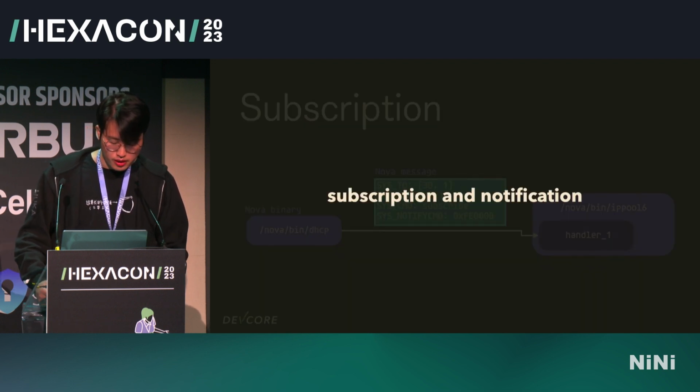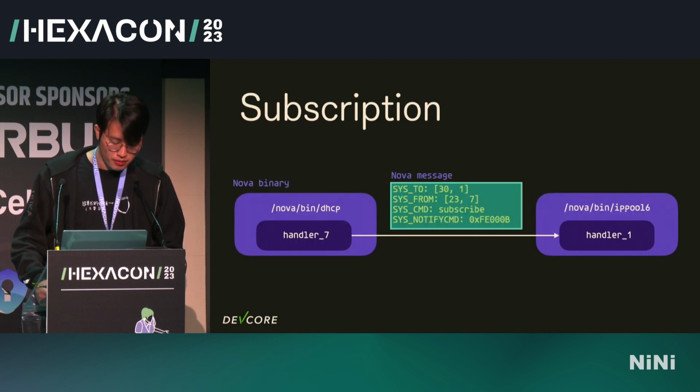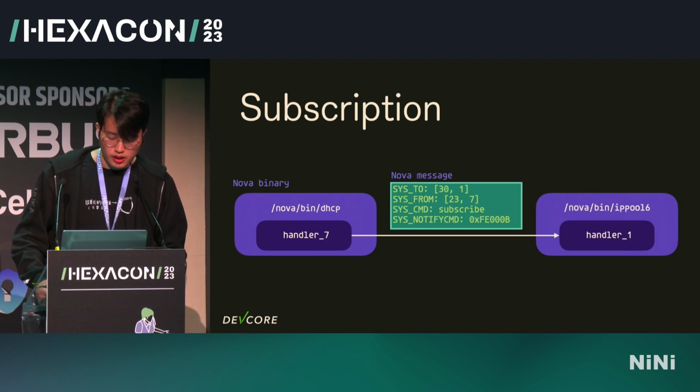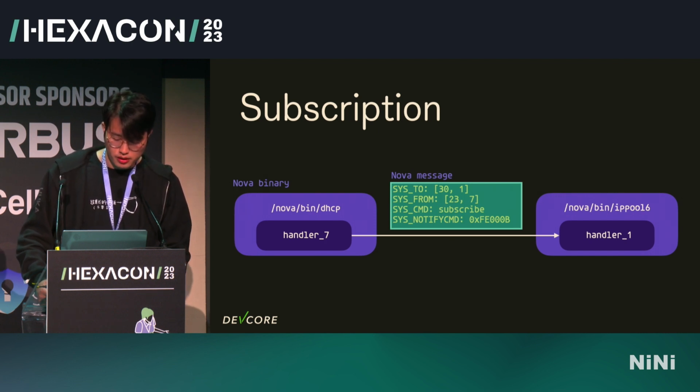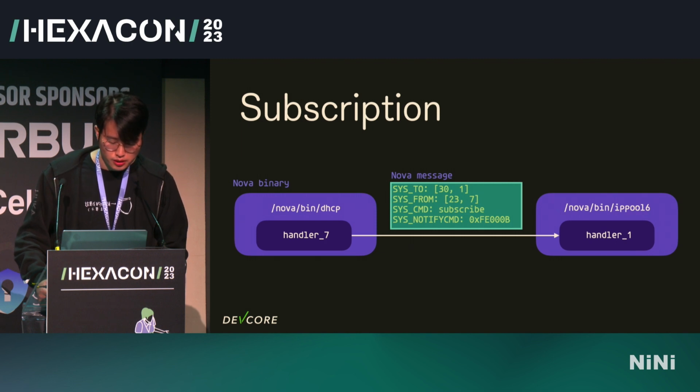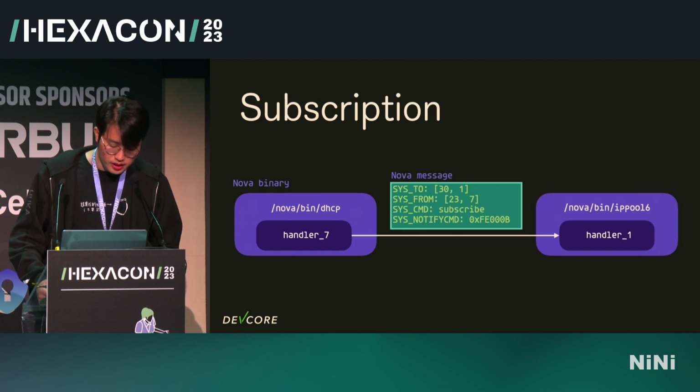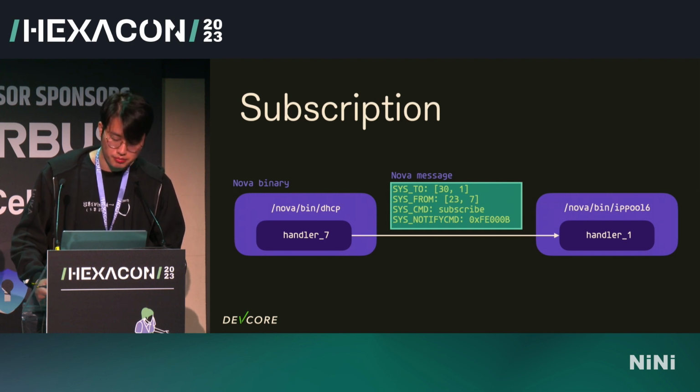Now let's talk about the subscription in the Nova binary. The binary IP pool 6 is responsible for managing the IPv6 address pool. The DHCP subscribes to it, so the DHCP can react to the change. It's done by sending a subscribe Nova message, and the sys notify CMD can specify which command you want to subscribe to. The hex FE000B means notification.